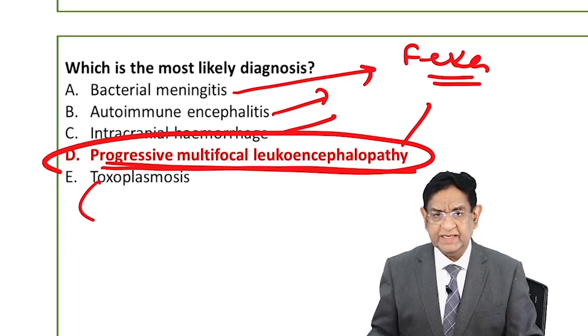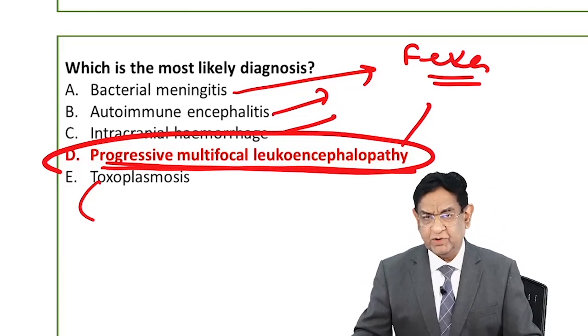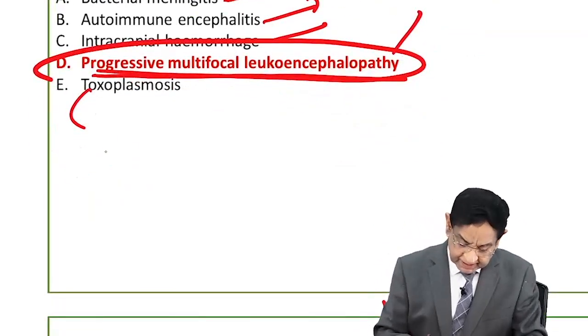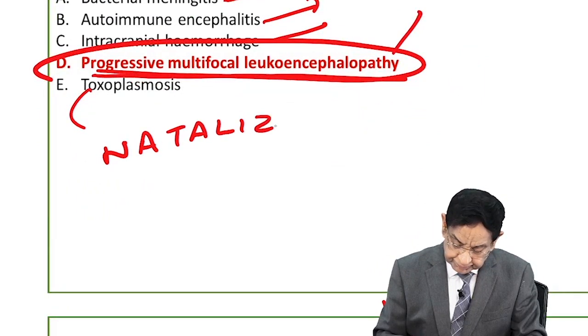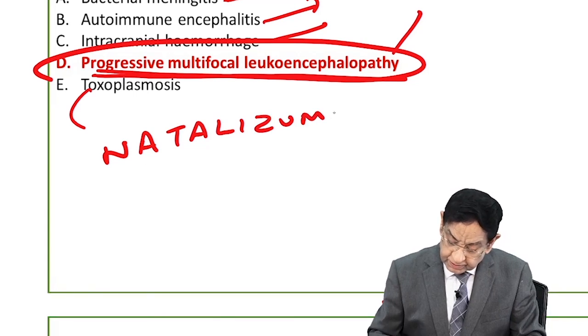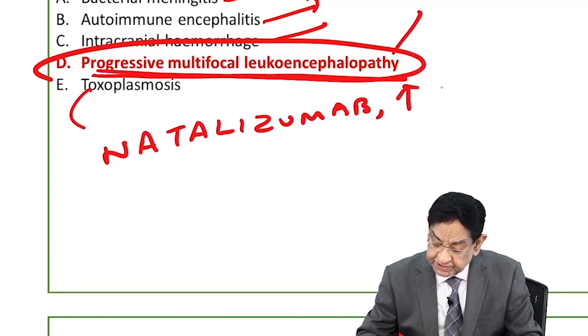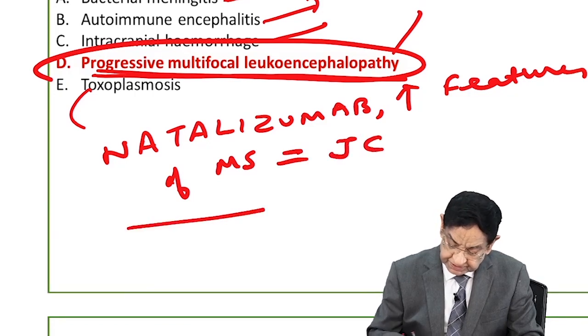We are well aware that natalizumab leads to the activation of JC virus which can progress to PML. So remember, golden line to remember: natalizumab, increased features of multiple sclerosis equals JC virus.